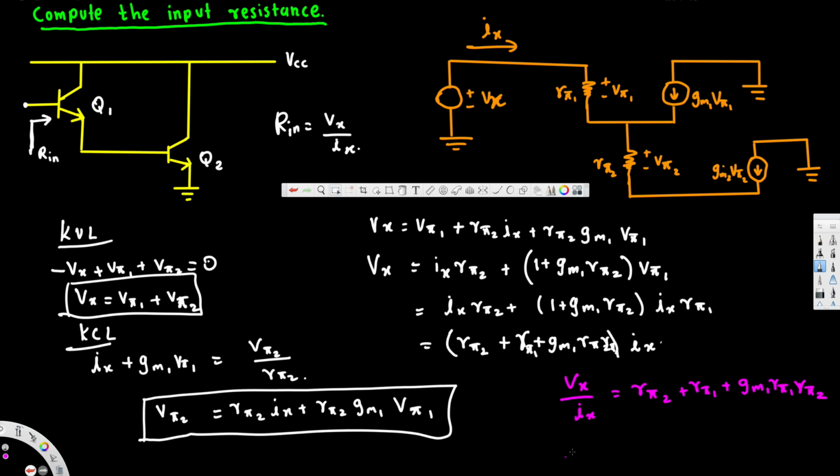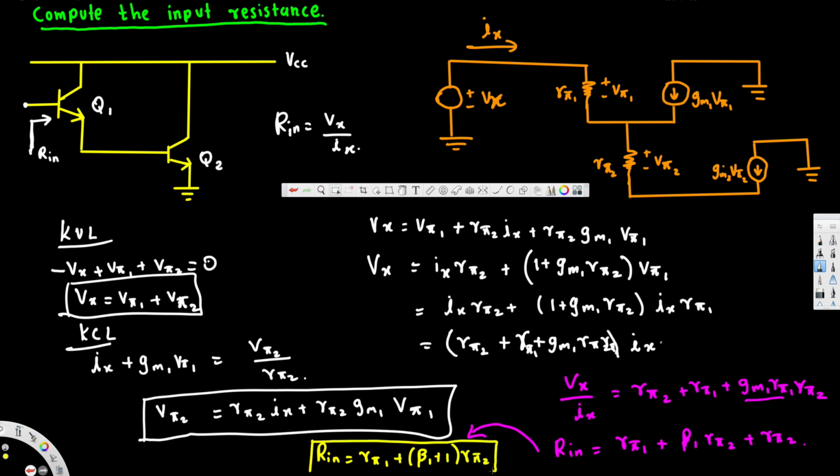Now we know that there is R input, so R input is equal to R51 plus, instead of gm1 R51 we can put beta 1, because beta 1 is equal to this one, so beta 1 times R52 plus R52, and here if we take R52 common, R input is equal to R51 plus beta 1 plus 1 times R52, and that is the R input, and that's how we do that.